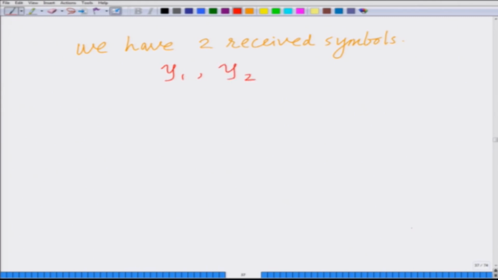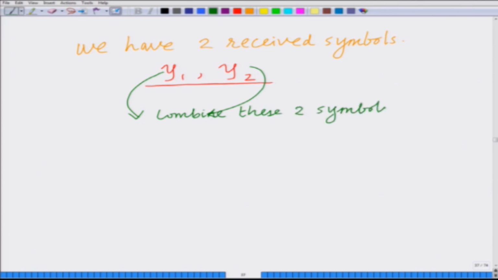At the receiver we are going to combine these two symbols as follows.